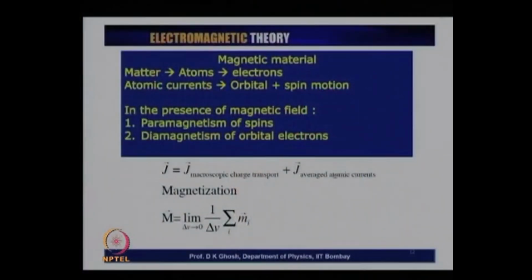So as a result, the atomic currents, if you like, have two parts. One is because of the orbital motion of the electrons, and the other one, not strictly quantum mechanical language, is because of the spin motion. That is a rather classical picture, but this will do for our purpose.